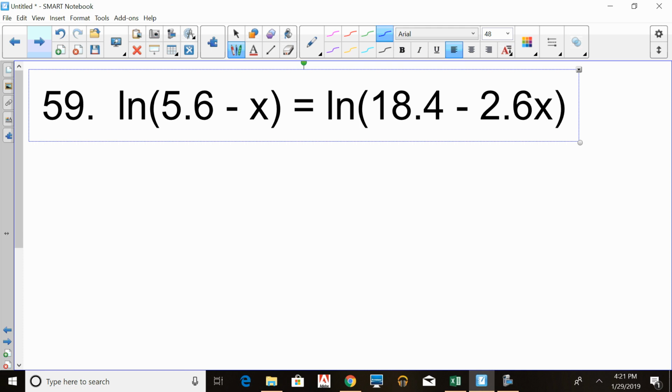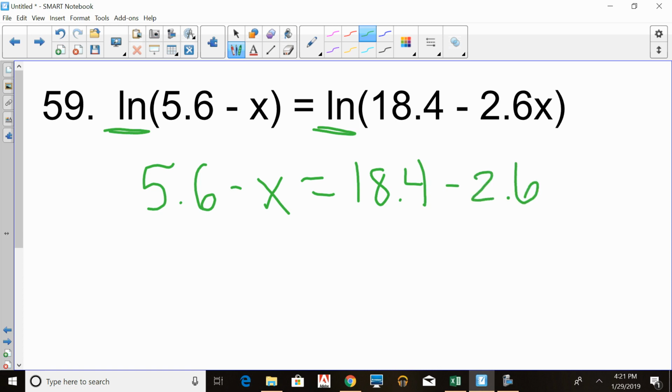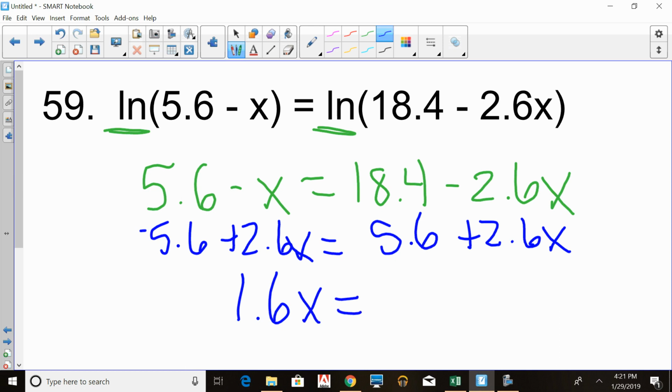All right, this one says ln of 5.6 minus x equals ln of 15.4 minus 2.6x. Well, hey, we have a natural log on both sides, so we can just say that 5.6 minus x is equal to 15.4 minus 2.6x. Then if we subtract 5.6 and add 2.6x to both sides, you're going to get 1.6x equals 12.8.